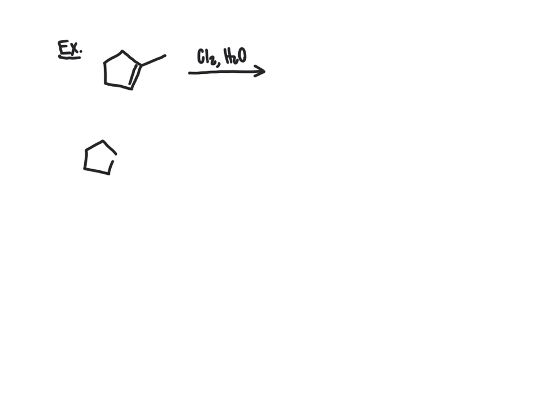We're going to start by taking our pi electrons, having those come over and attack the chlorine atom, because that bond between the two chlorine atoms is relatively weak and prone to breakage. So it's going to be attacked by the pi bond coming over, forming a bond to one of those two chlorines.